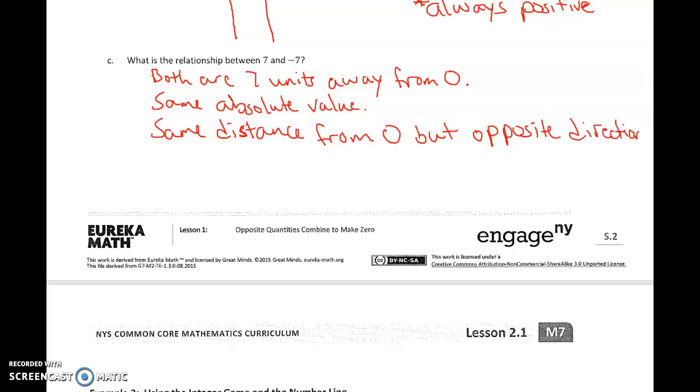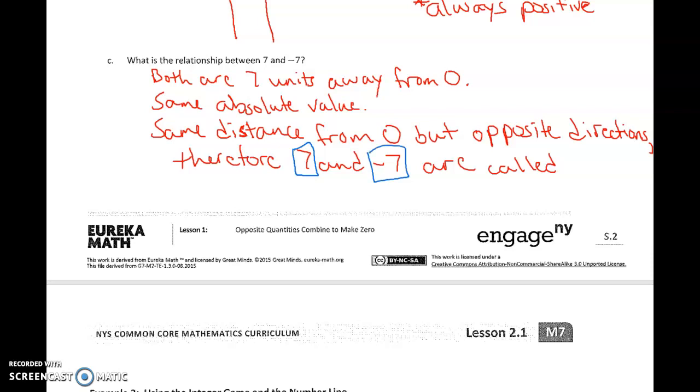And if they're the same distance but in opposite directions, therefore, 7 and negative 7 are called opposites.